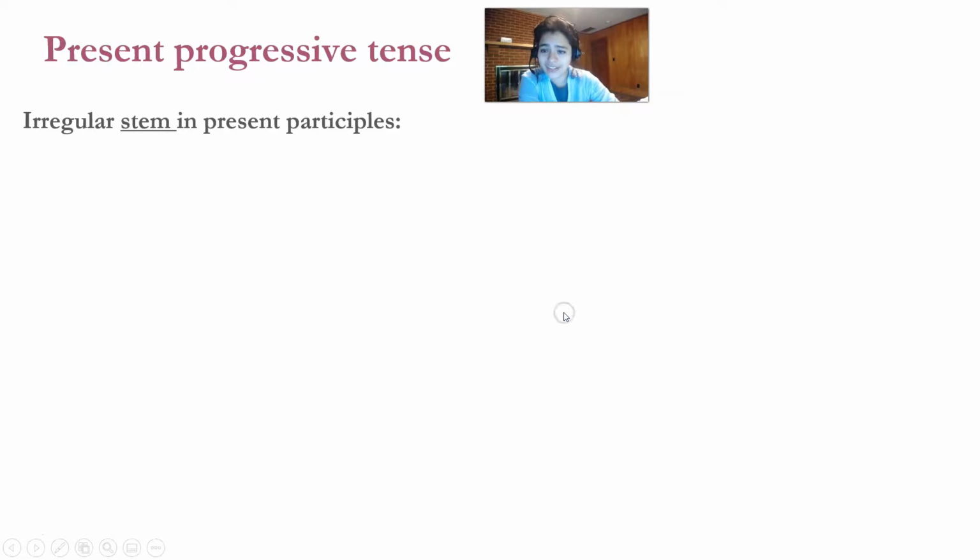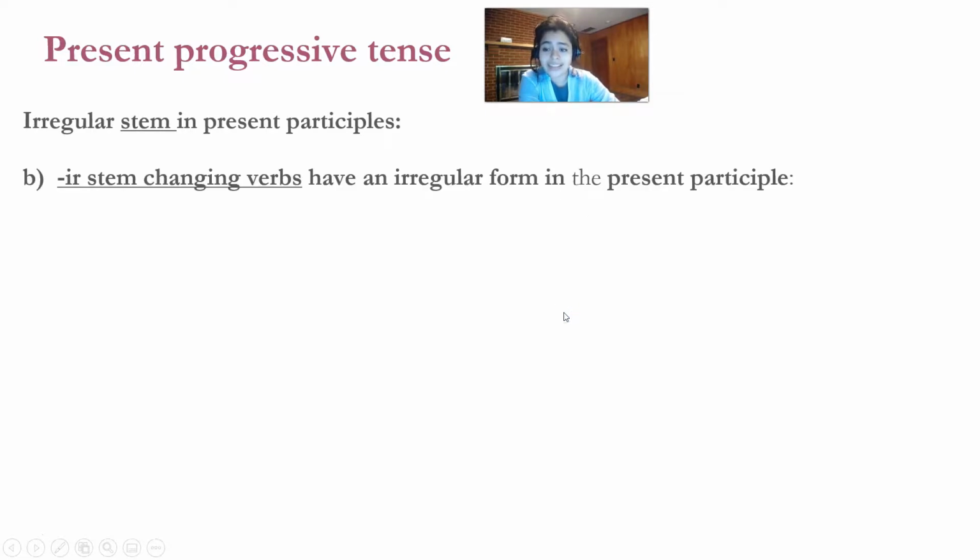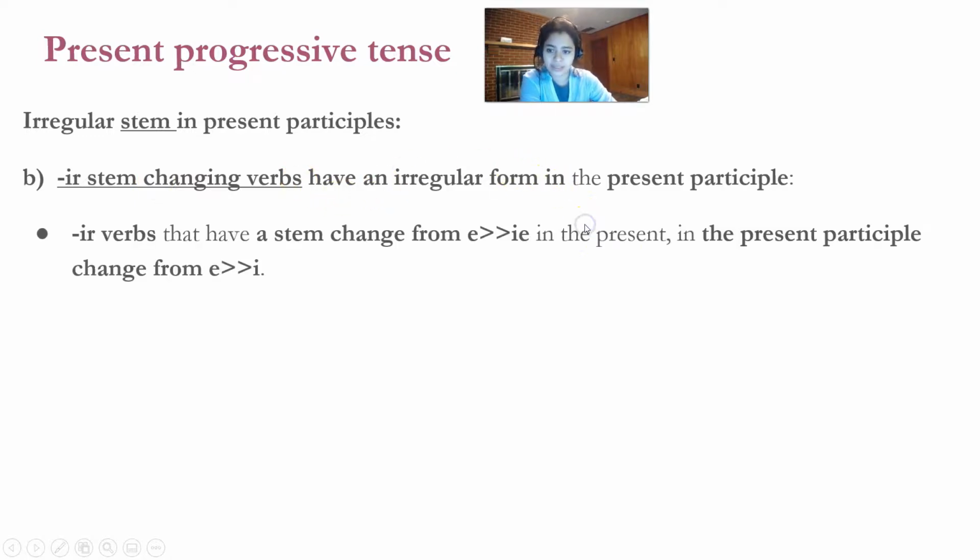Okay, we have another exception. Irregular stem in present participles. So we are going to see IR stem changing verbs. You remember the stem changing verbs that we have already seen this week? The IR stem changing verbs have an irregular form in the present participle.